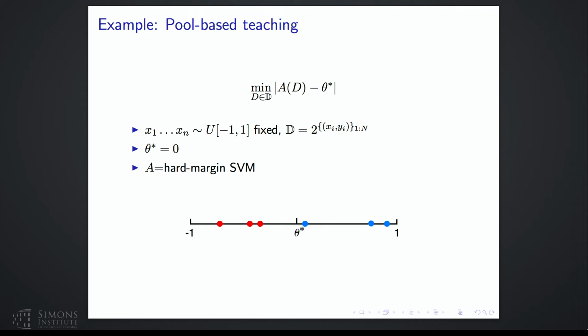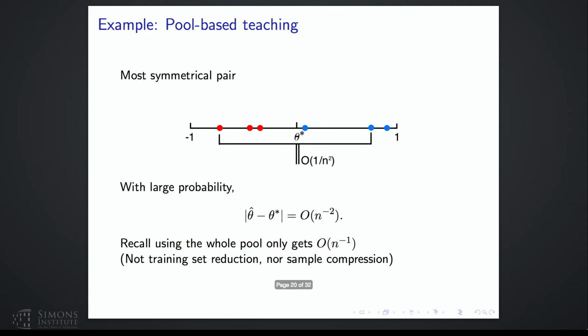First thing, if you use the whole pool, you just give it to the student. We have seen previously you can achieve order 1/n, and that's controlled by these two. But what's more interesting is, because our learner is special, you can actually achieve 1/n², as follows.